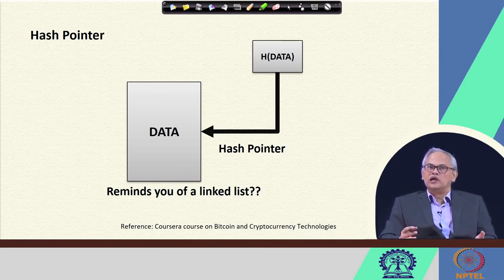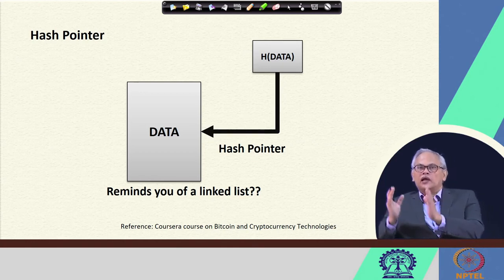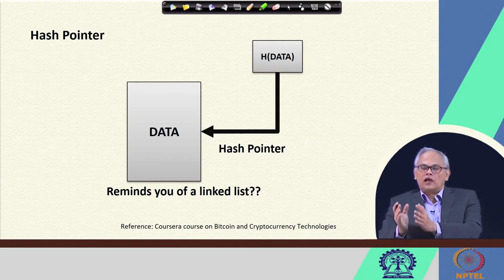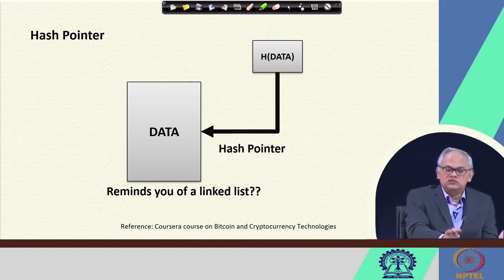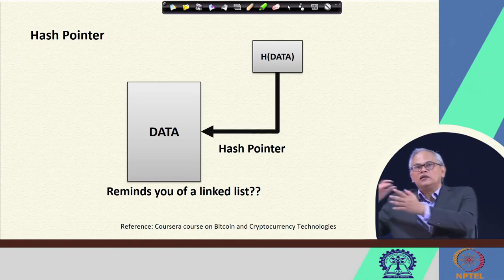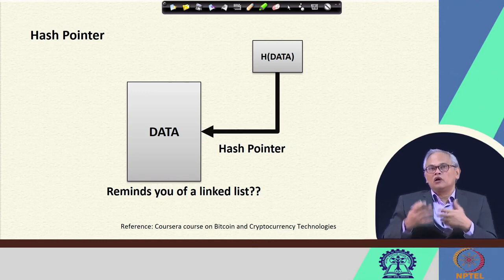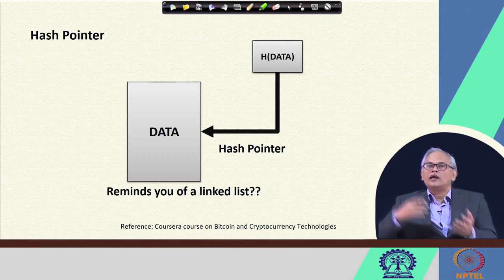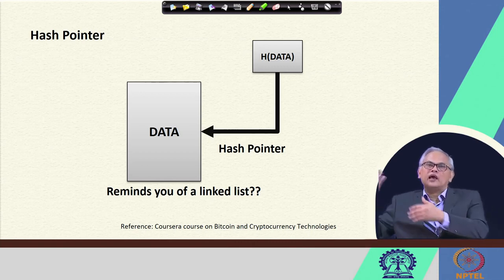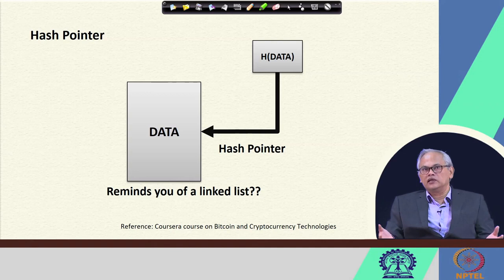So, what we could do is that we could have this hash pointer kept in another block of data and make it point to this data as is shown here, and then the next hash pointer we can make to point to the data which will be comprised of this hash and some more information. And with that we can proceed and have more and more nodes in this linked list.